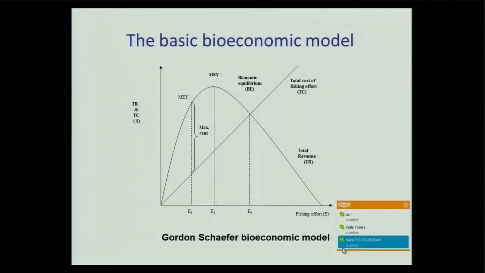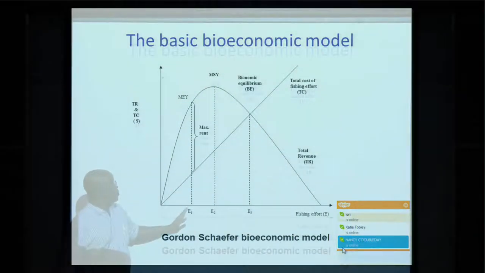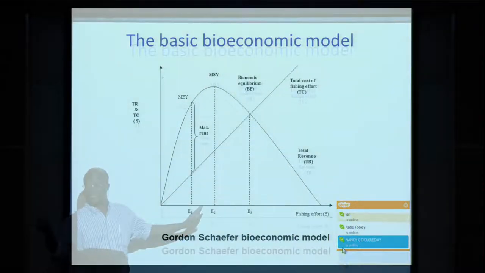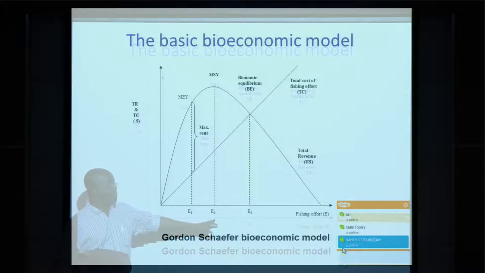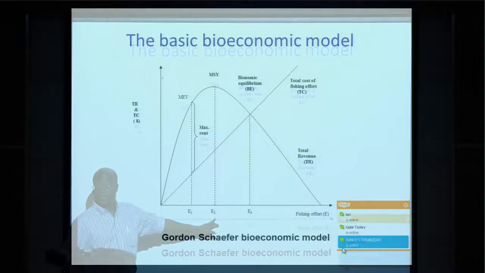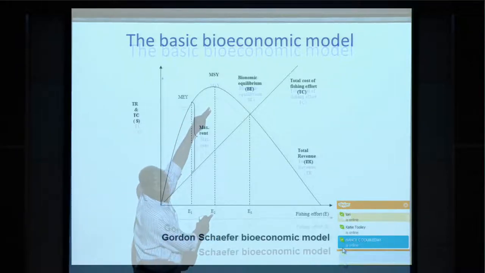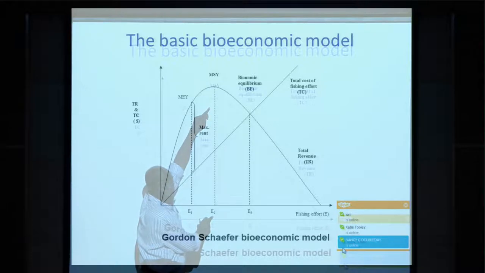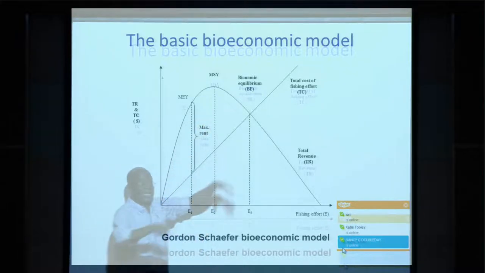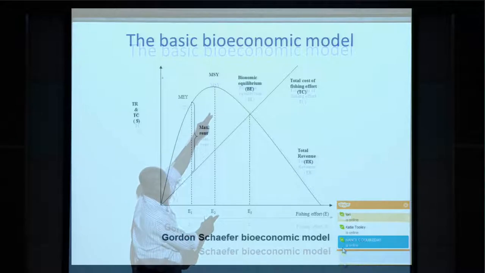Now, for example, if your goal is food security, people have argued that's why the biologist's maximum sustainable yield is so popular. In all UN things, we're always talking about MSY, because they are thinking more fish. If your goal is to have the largest amount of fish year in, year out, this is what you go for.